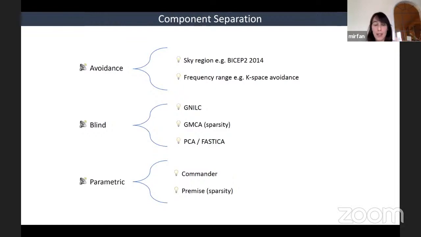For a parametric method, you say, okay, I've got an observation, and I know for a fact there are 5 different kinds of thing in there. I know how to model those 5 things. I want to get out the cosmology, and I want to separate each individual foreground from the other ones. So I want to end up with 5 results. Those are parametric methods.